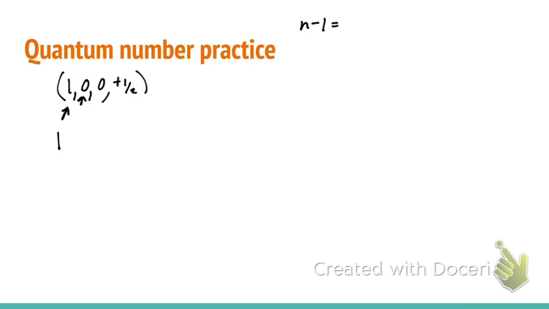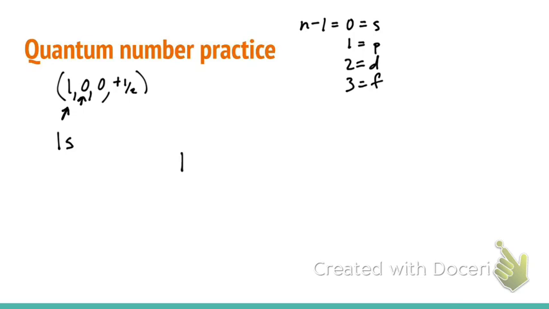So 0 is equal to S, 1 is going to be P, 2 is D, and 3 is F. So here this is going to be S, so this is 1s.